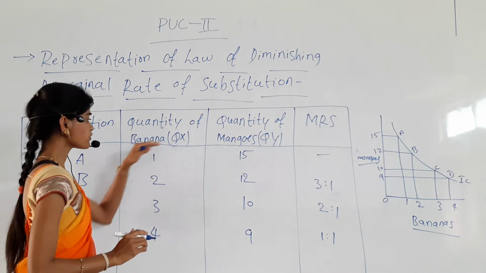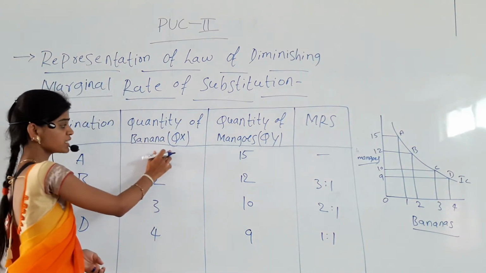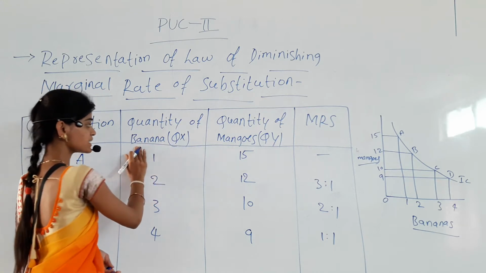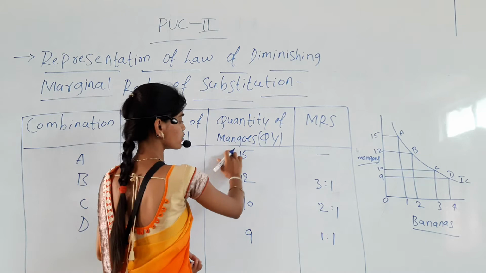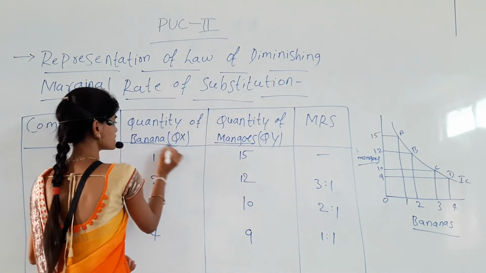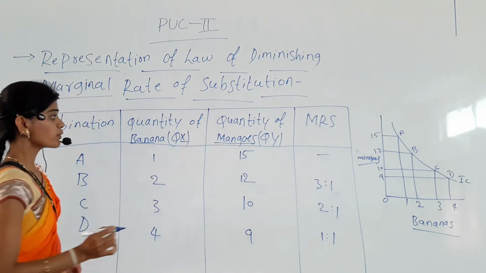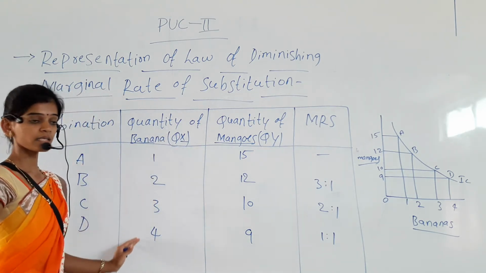In economics, quantity is represented by Q. Here the quantity of banana is assumed as the X commodity, and the quantity of mangoes, QY, is the Y commodity. Mango is the Y commodity and banana is the X commodity. The quantity of banana is 1, 2, 3 and 4.